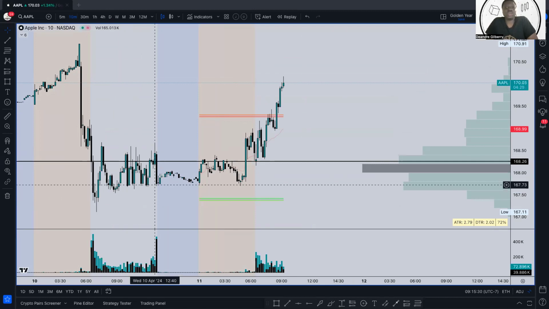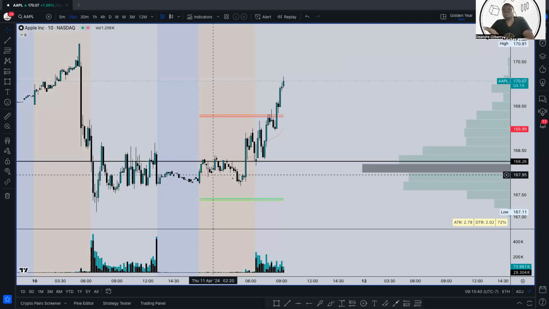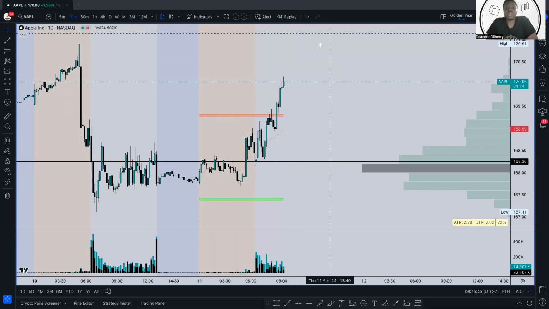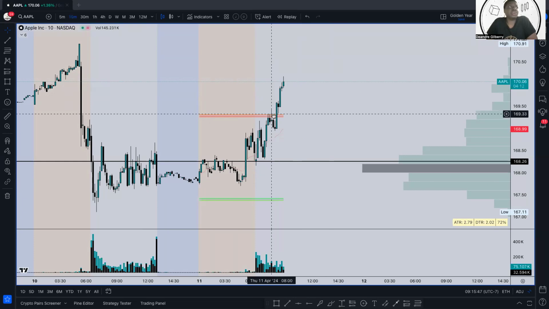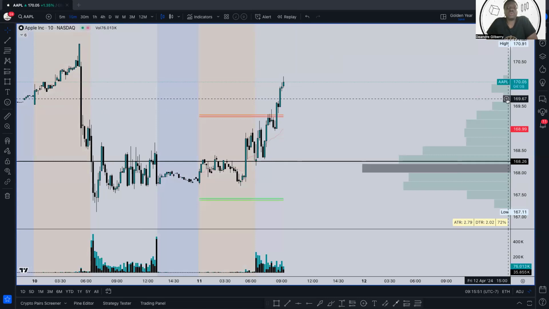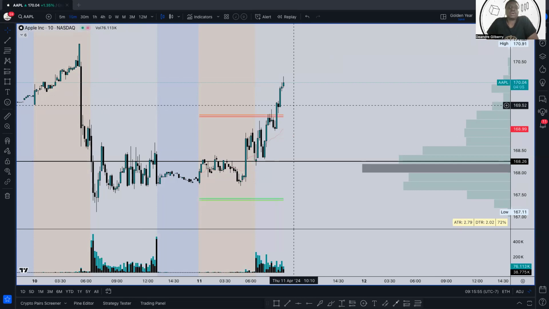I think they were just accumulating, institutions, banks, buying their shares and looking long for the future. And now we got that push. So we'll see if this trend continues. If it does close above 170, I think we're in pretty good hands to move higher. But you never know. All you can do is react to what the market gives you.